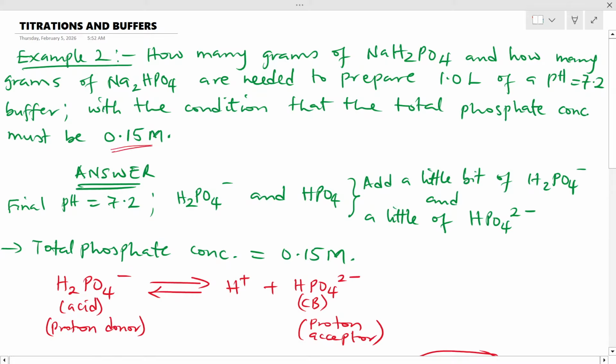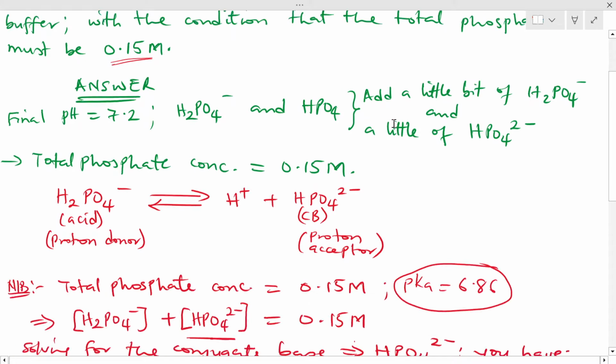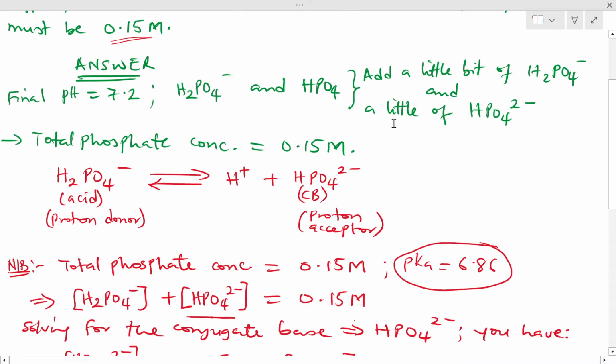0.15. So I'll quickly move fast right now so that I can round up this section and take some questions. So here, the pKa of a phosphate buffer is 6.86. Please take note, in case it is not indicated in the question, you are given the pKa, but it should always be given.